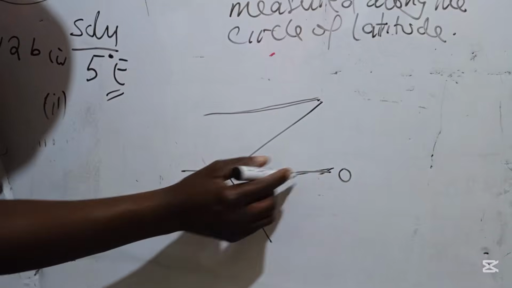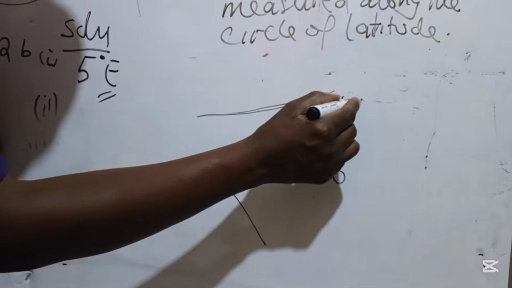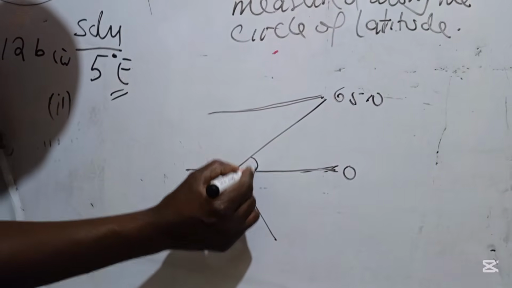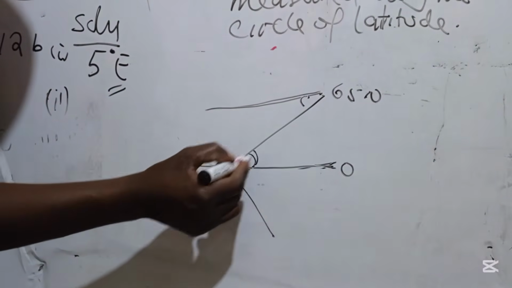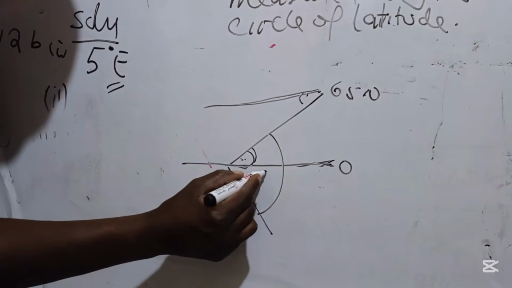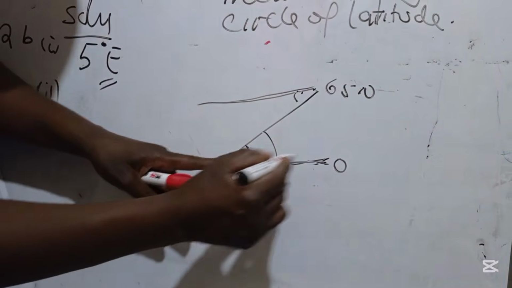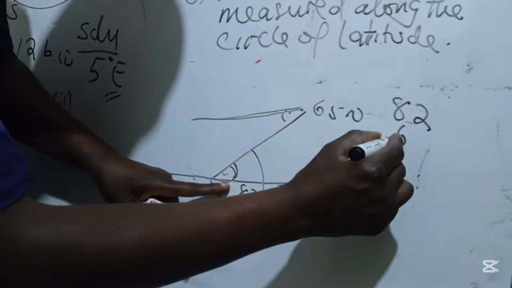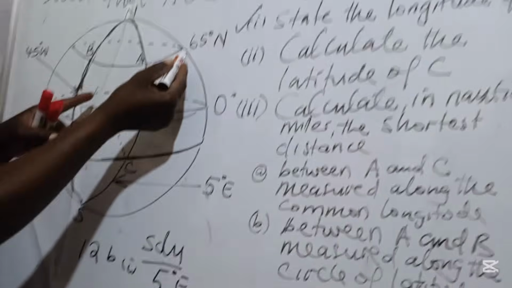But here I'm told this is 65 north. So this angle is equal to this angle. Why? These are what we call Z angles, or alternate angles. Therefore, if the whole lot of this is 82, I should remove 65. Where is the 65 coming from? The 65 is coming from this one.